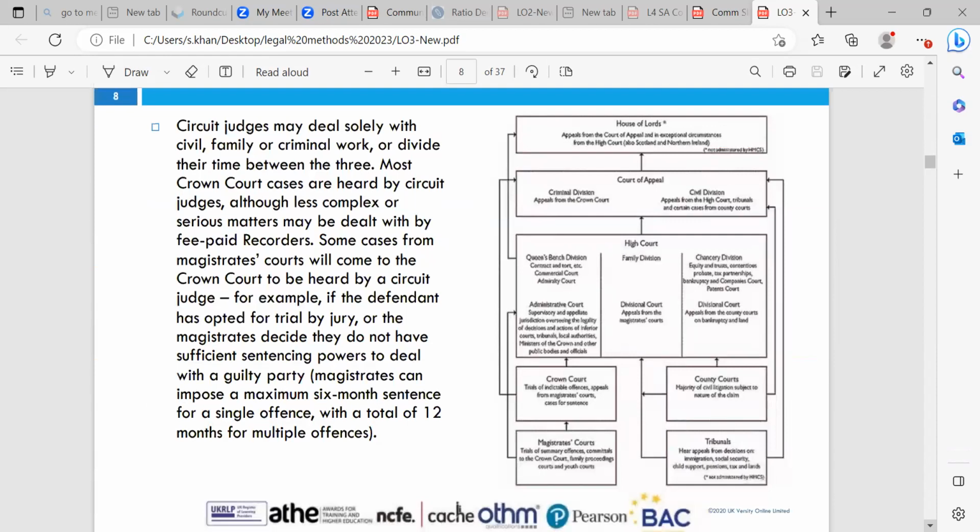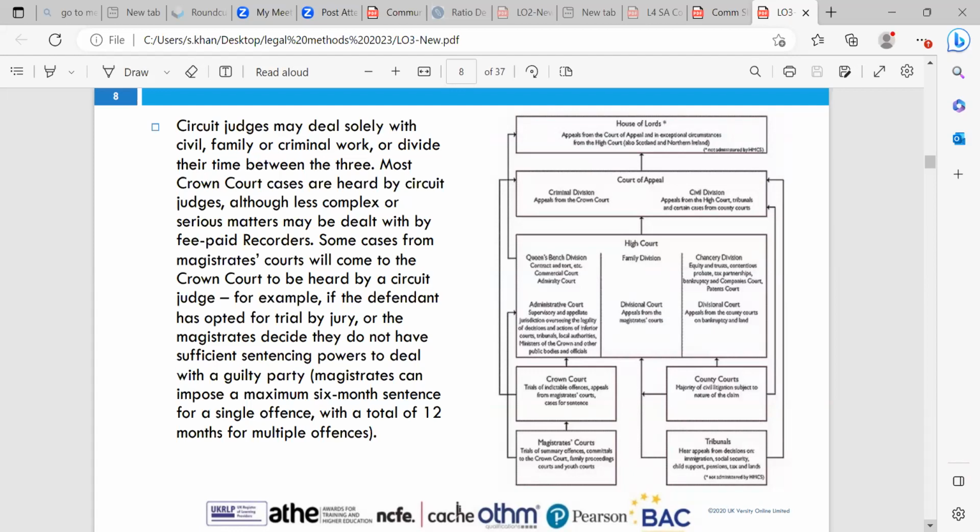Circuit judges for criminal cases. Circuit judges may deal solely with civil, family or criminal work, or divide their time between the 3. Most Crown Court cases are heard by circuit judges, although less complex or serious matters may be dealt with by fee-paid recorders.